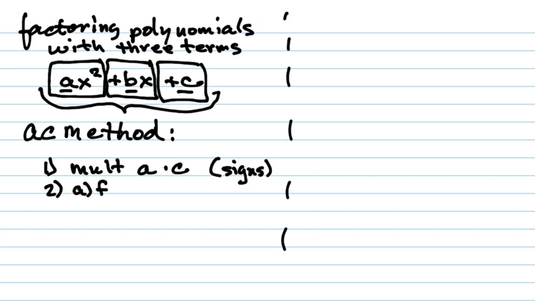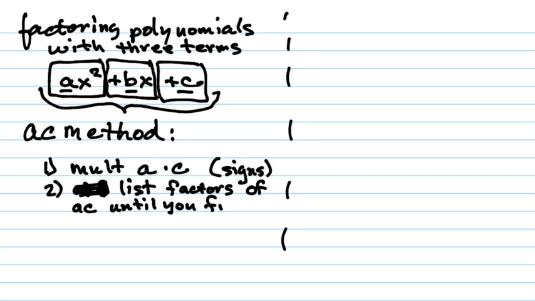We want to list factors, and remember factors are anything that divide in evenly. Factors of AC. Now AC is just what you got when you multiplied A times your C, right? AC literally means A times C. So that's that product that you got on your first step.